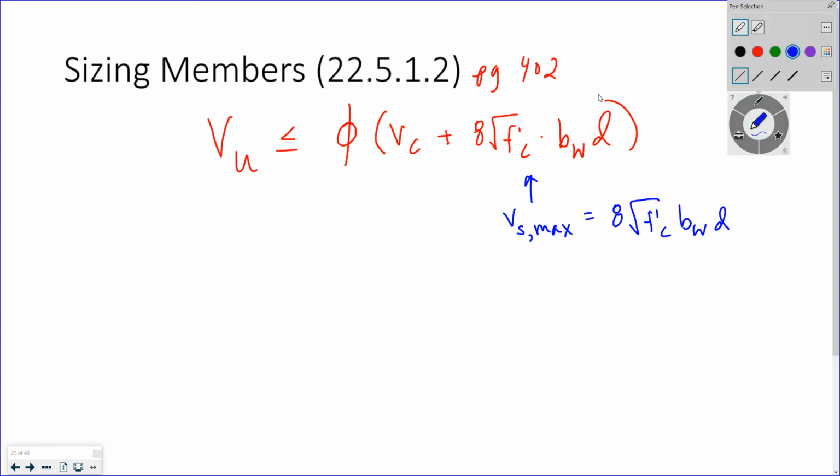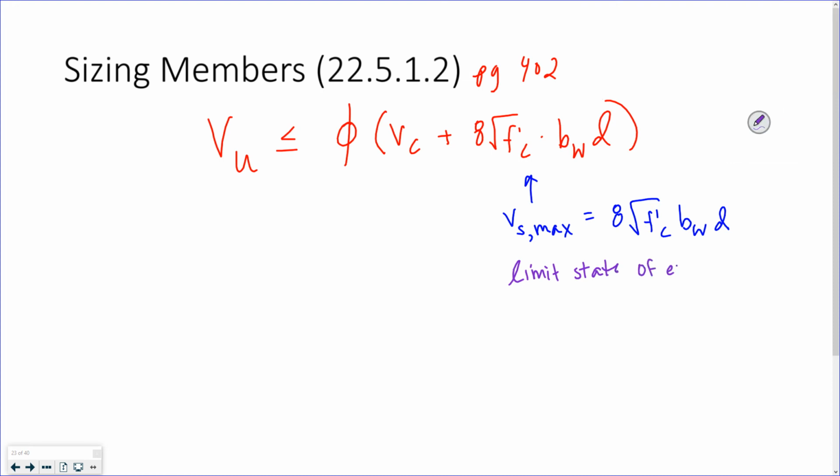That limit state is excessive inclined crack widths, which are typically associated with shear.